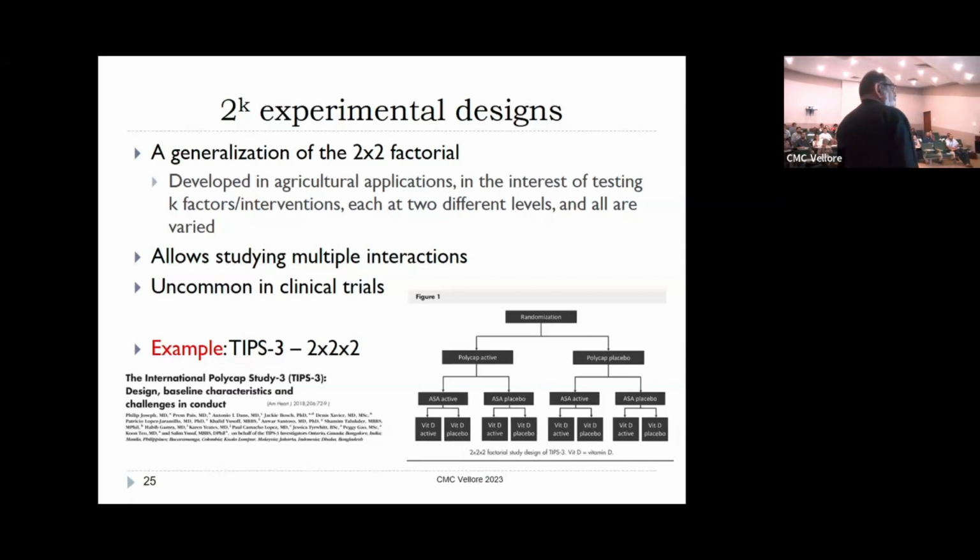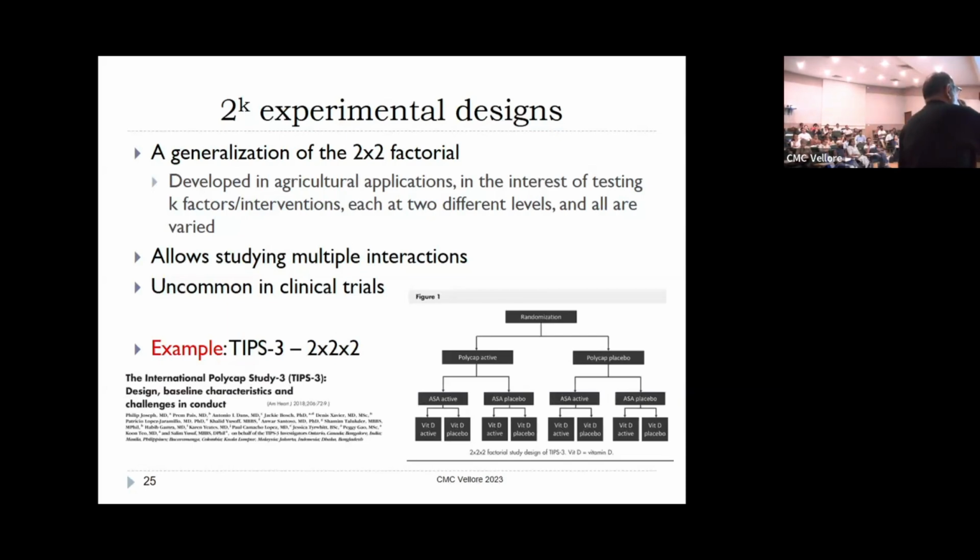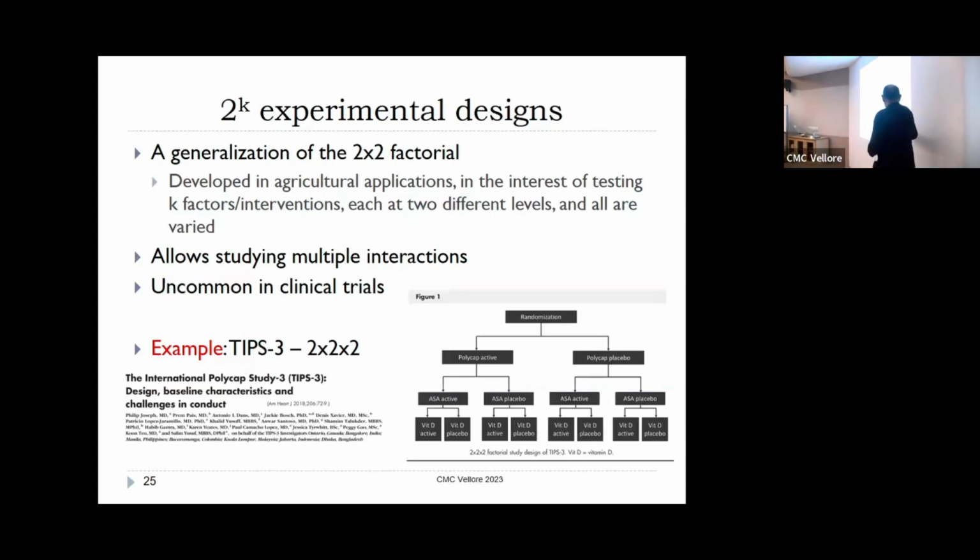The only one I've seen is one that, again, we did, which was the TIPS 3 study, where they were taking people and randomizing to vitamin D, active or placebo, aspirin, active or placebo, and the polycap or polypill, active or placebo.